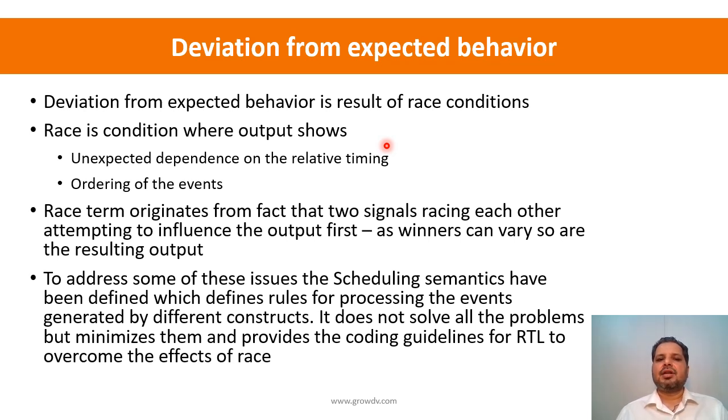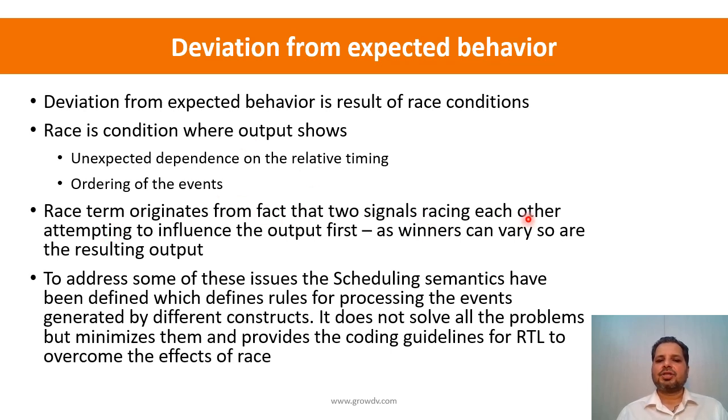This deviation from expected behavior is a result of something called a race condition, which we will now go a bit deeper to understand. We say that a race condition has taken place when there is an unexpected dependence on the relative timing or the ordering of events. That's when a race condition has taken place.